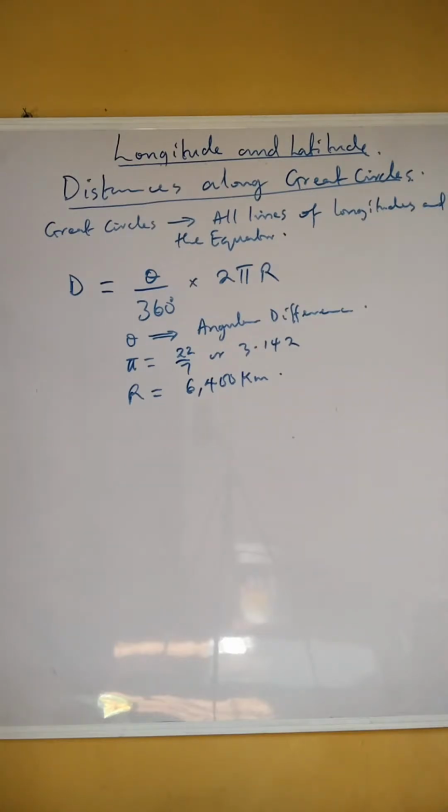Now let's look at an example here. Find the distance between the following pairs of points on the Earth's surface.